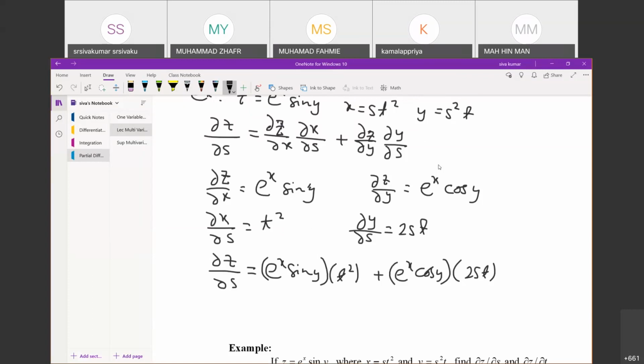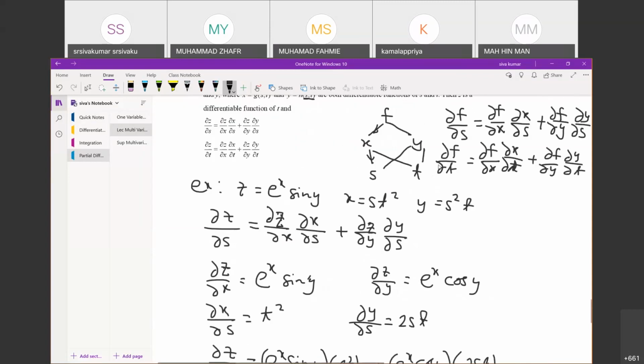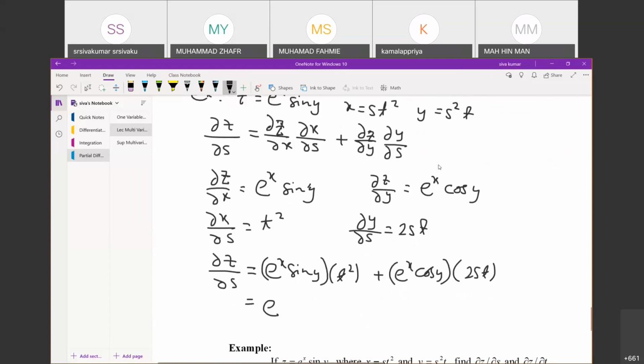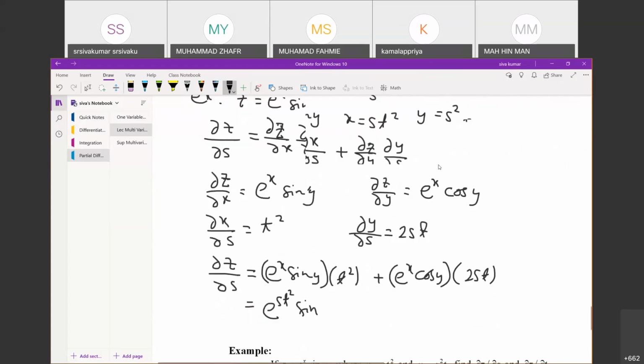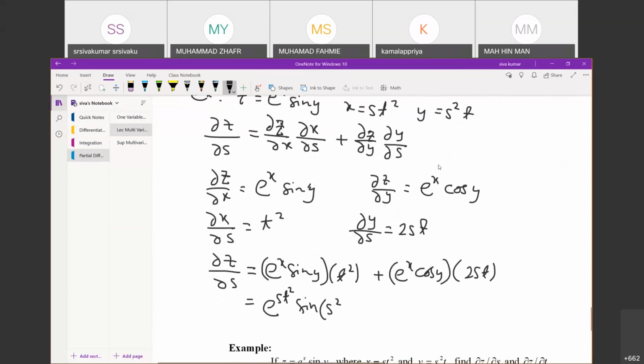How do you change? You need to change everything back into this combination. Actually, x is equal to st squared. Therefore, you need to change this to that. What about sine y? y is s squared t. Then the whole thing: now the combination is t squared, plus e^x something.